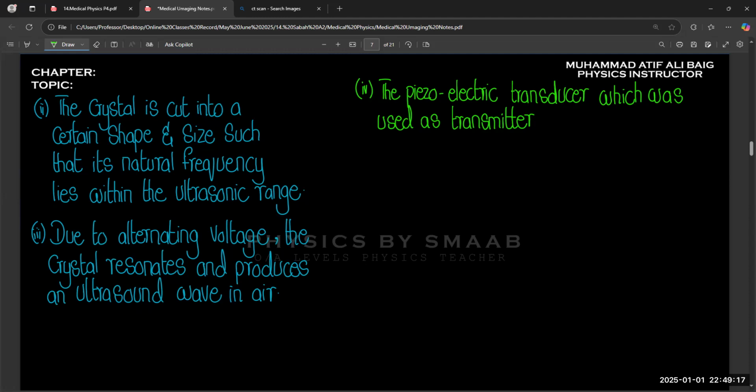In the same way, initially the piezoelectric is generating the ultrasound waves, and after it strikes the other surface and bounces back in the opposite direction, this material also acts like a receiver.